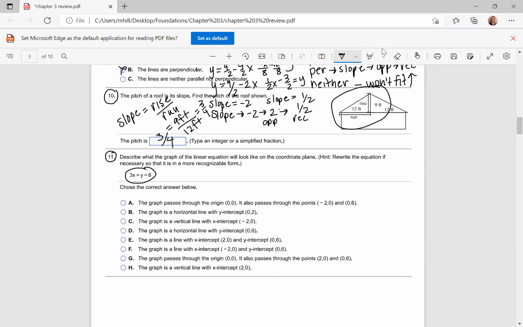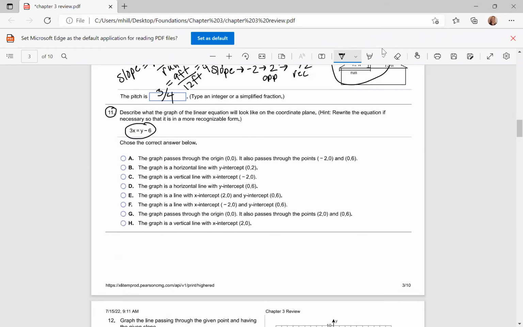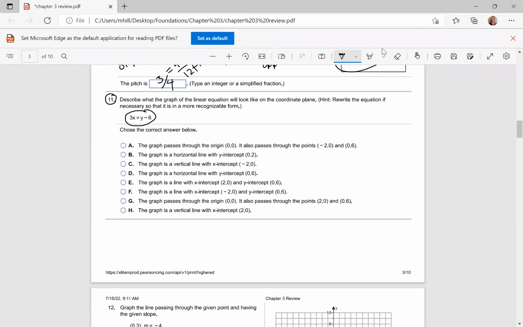Now, if you look at the answers, a lot of the answers have to do with x-intercepts and y-intercepts. So it would probably be smart if we found the x-intercept and the y-intercept to figure out which one of these is correct. So when we do that, if we find the x-intercept, we want to let y equal 0. So it would look like something, comma 0.